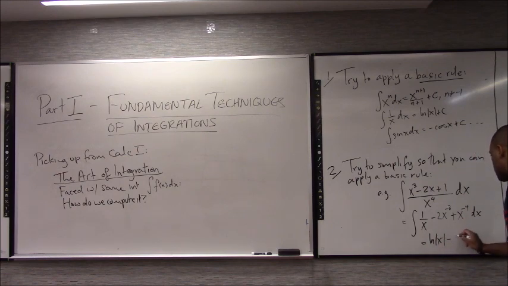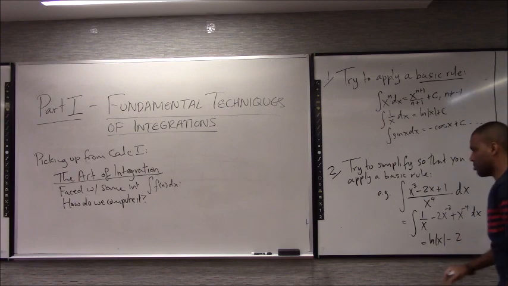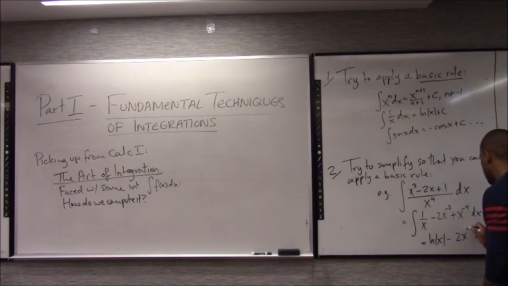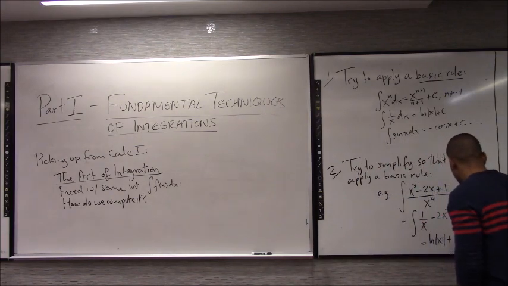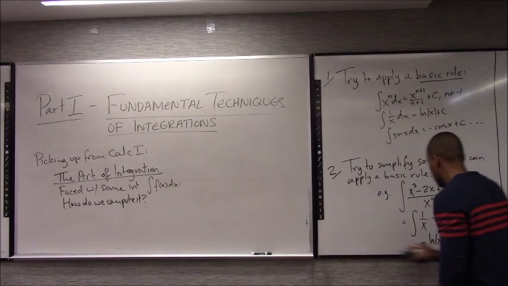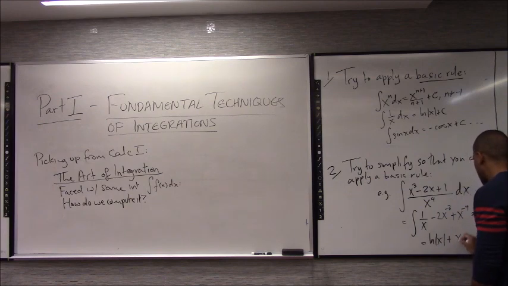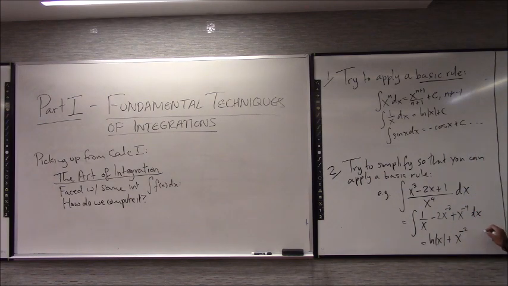Add 1 to the power, so that's 2x to the minus 2, divided by minus 2. Add 1 to the power, you get minus 3, divide by the new power, it's 1/3. Plus c, so you can figure that out.